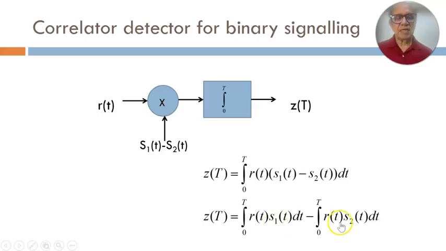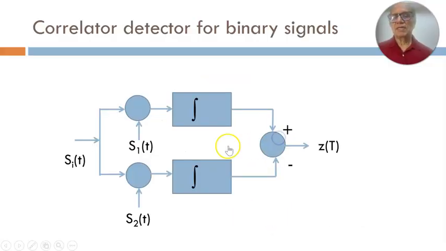First one has S1(t) and the other has S2(t). That's the difference. Both are equivalent, but this is the standard form in which this detector is usually built, because instead of generating S1(t) minus S2(t) and then feeding it as a reference signal, it's easier to generate S1(t) and S2(t) and feed them as reference signals to two correlation detectors.